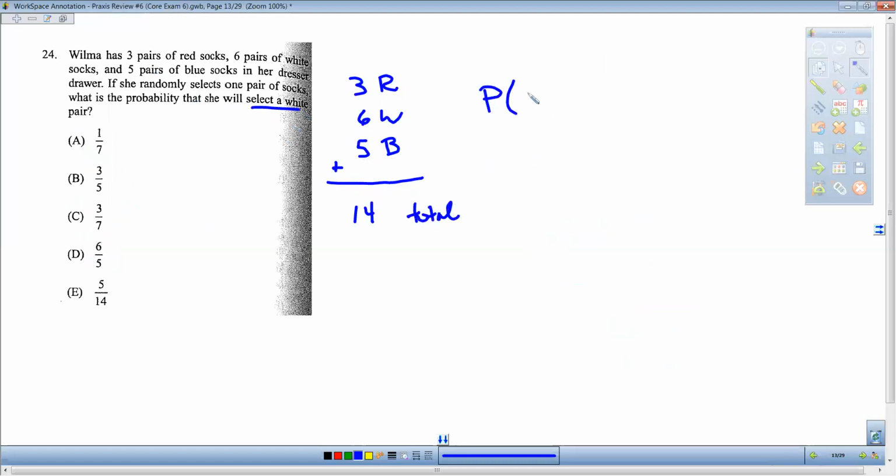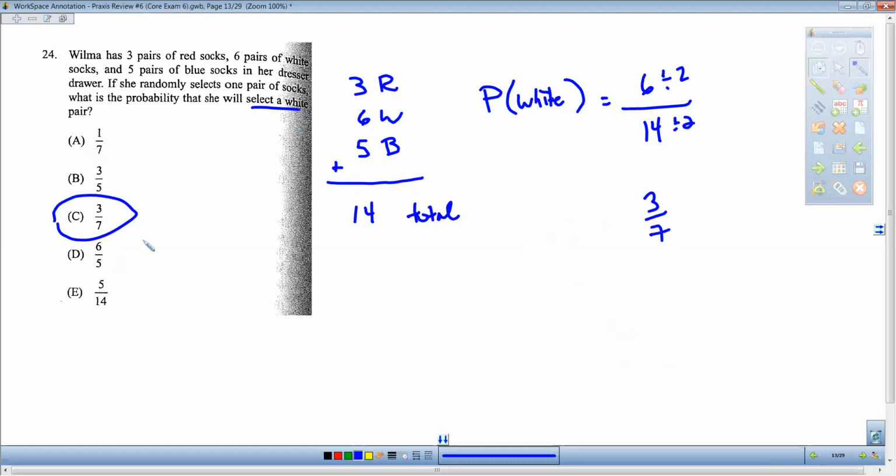And basically we're looking for what's the probability that we're going to get a white pair on the first try. And so that's going to be 6/14, which we see 6/14 is not on here, but we can divide both by 2 to find an equivalent fraction of 3/7. So 24 is C.